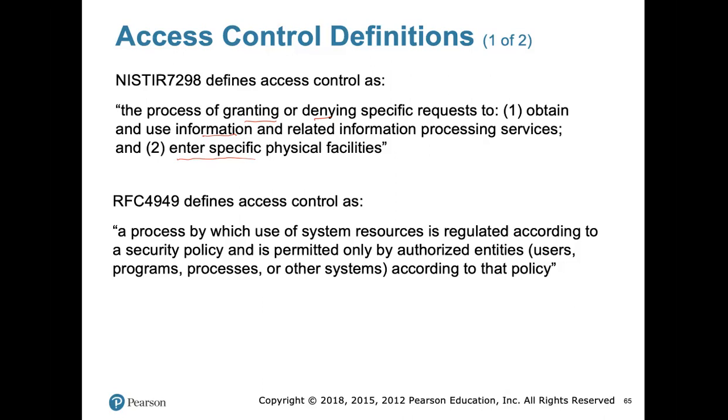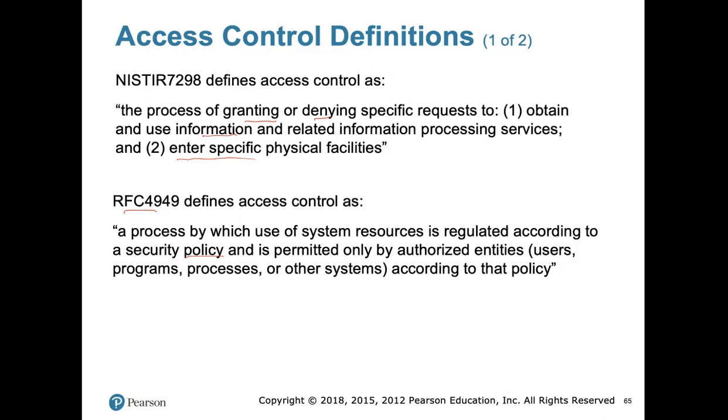The second definition I'm going to show you is from RFC 4949, which defines access control as a process by which use of system resources is regulated according to a security policy, and is permitted only by authorized entities.